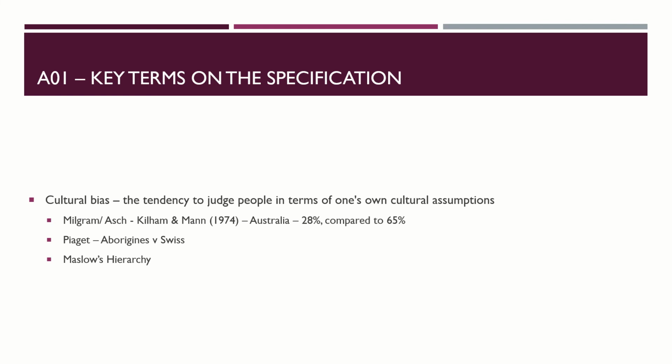Kilham and Mann did some research in 1974, where they replicated Milgram's research, and they found that people in Australia showed an overall conformity rate, broken down between men and women, of 28%, which compared to Milgram's 65% is hugely different.